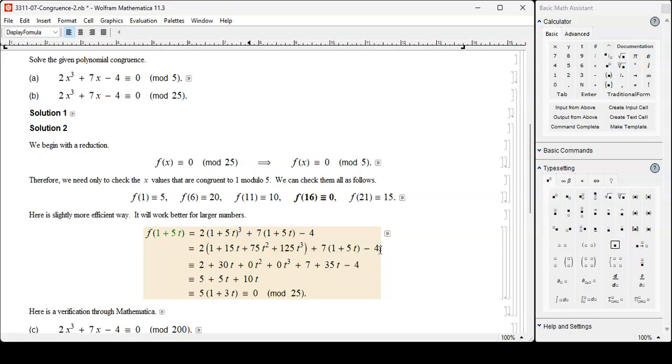Now, remember the binomial theorem? You can expand it like that, but it turns out you don't have to expand them all because we have 5 here, because we are doing mod 5 from the previous problem, and we are doing mod 25 now. So 5 squared is 25, or anything higher has 25 as a factor. So quadratic or higher will be all 0.